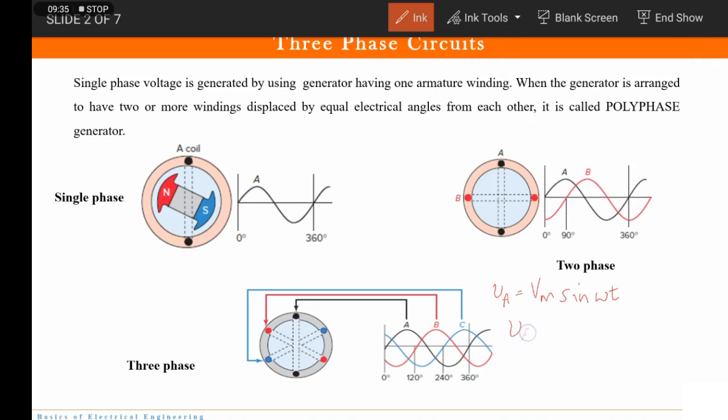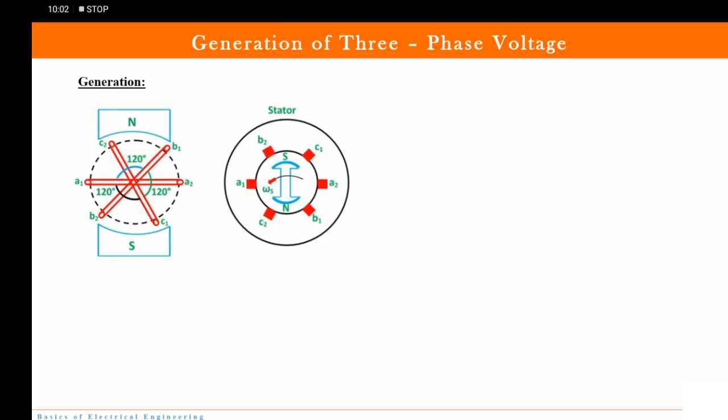This will have a 120 degree phase shift, so it will be represented as Vm sin omega t minus 120, because it is lagging, it is coming after signal A, so it has minus. Similarly, VC will be represented as Vm sin omega t minus 240 degrees. Got it? So this was all about the three-phase signal.